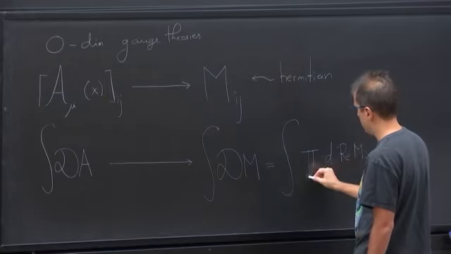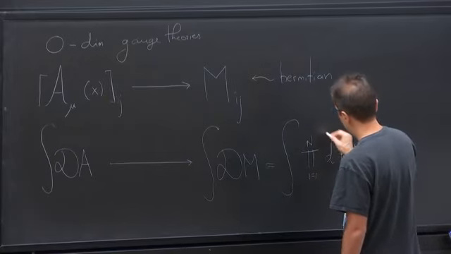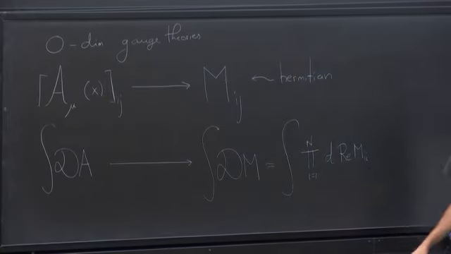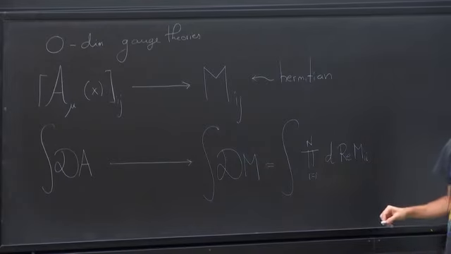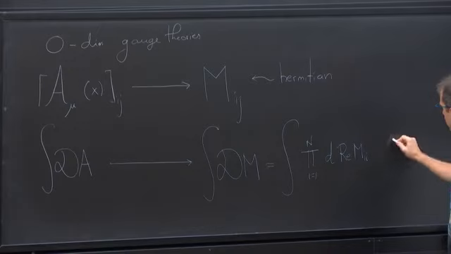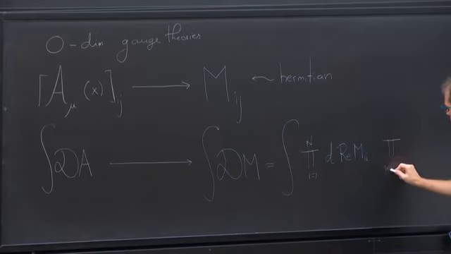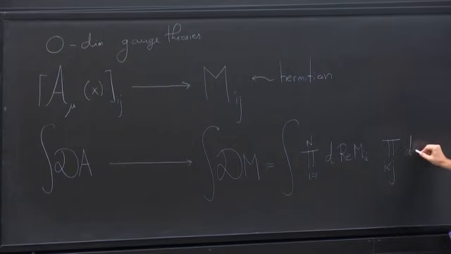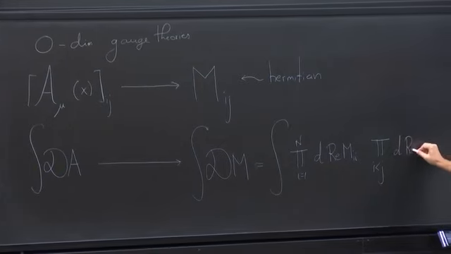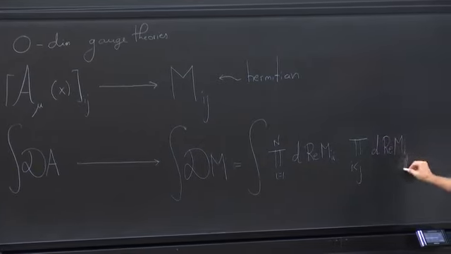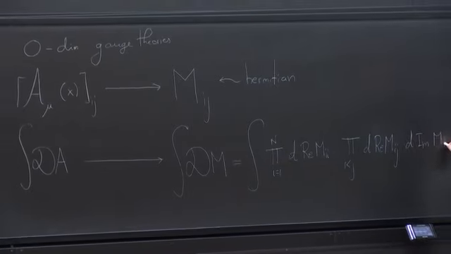If a matrix is Hermitian. The off-diagonal elements, one is the conjugate of the other. So for the off-diagonal, you just need to consider i smaller than j. And then the real part of Mij, the imaginary part of Mij.